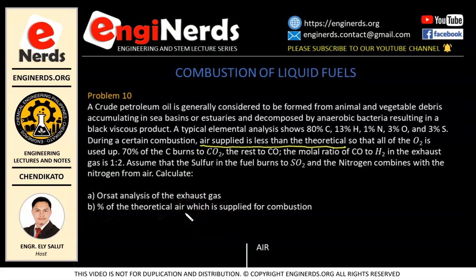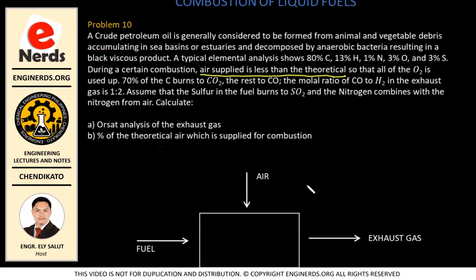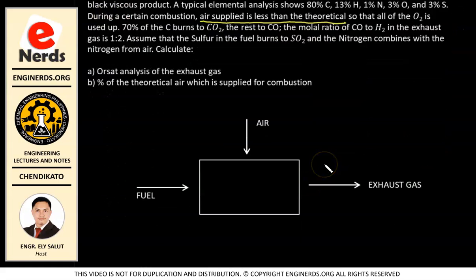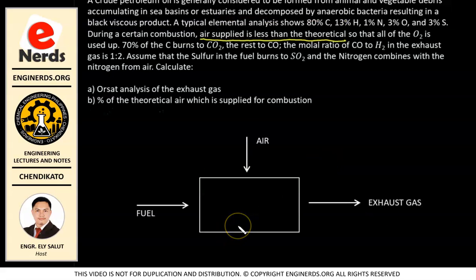Next, what we have to do is to write down all of this information in our diagram, so we can easily visualize what is happening in our problem. Let us first write the elemental analysis of our crude petroleum oil.